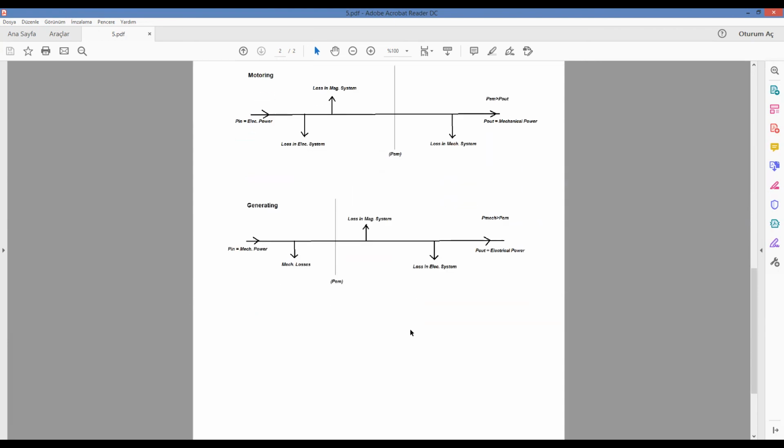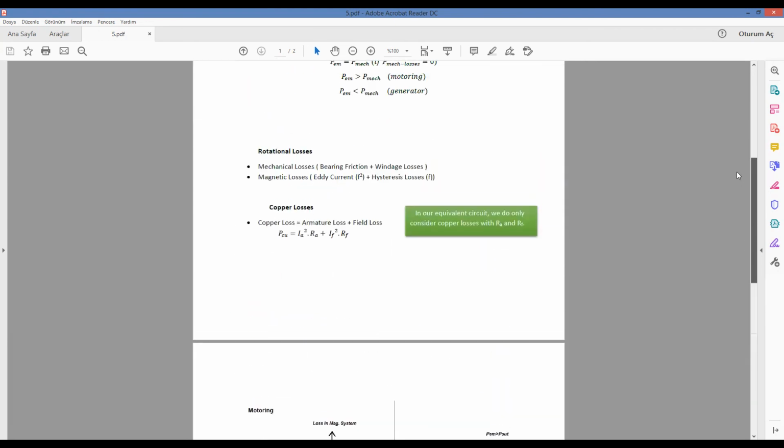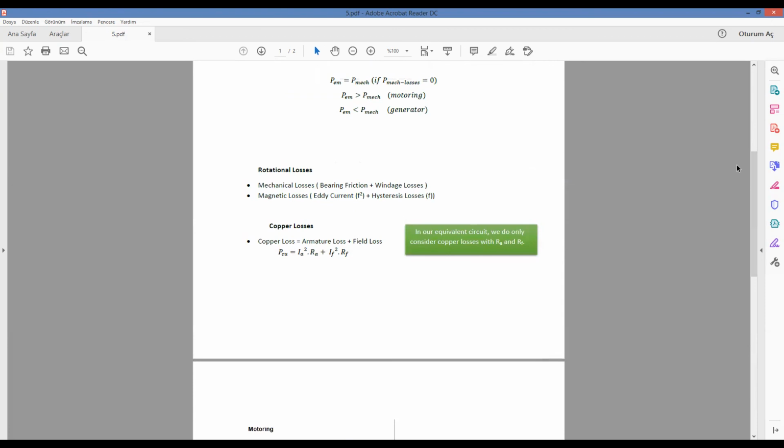In addition, as we mentioned before, we have in total three types of losses. The mechanical losses and magnetic losses are due to rotation, and the magnetic losses consist of eddy currents, which are proportional to frequency squared, and hysteresis losses, which are proportional to frequency.